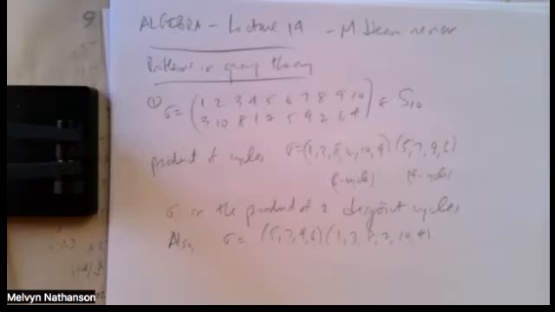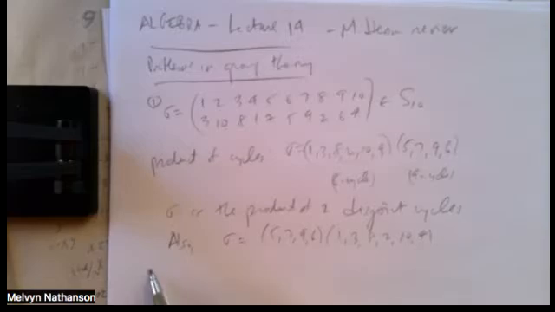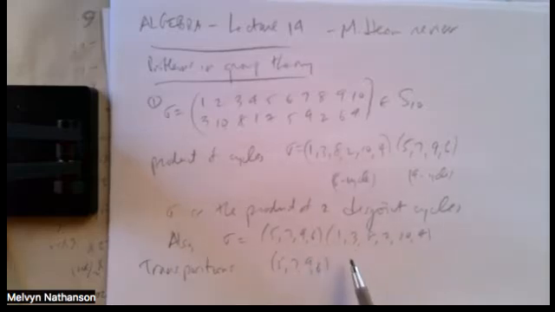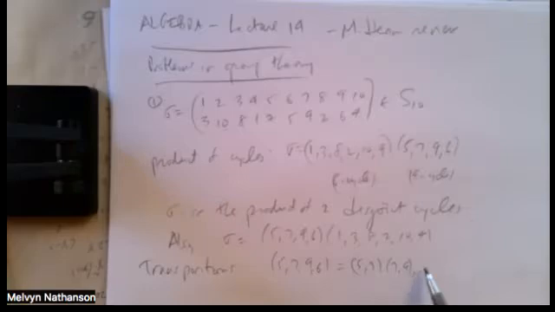And then the second part is to write sigma also as a product of transpositions, that is, cycles of length 2. If we want to study this from the point of view of transpositions, there are many ways to write a cycle as a product of transpositions. It's not unique, but one way is just to pair them off in order as you go from left to right: (5 7)(7 9)(9 6).